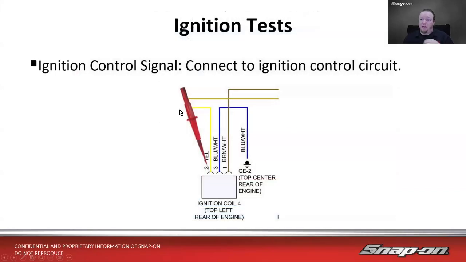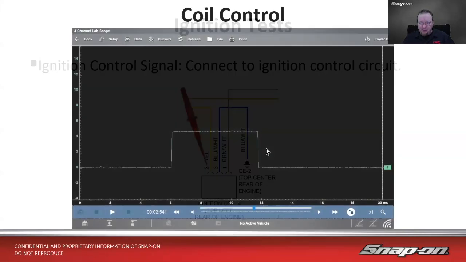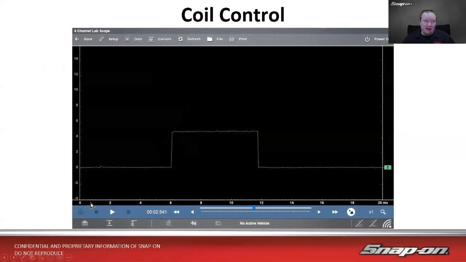All right, we can also check the control signal, make sure the computer's actually controlling it, and make sure the signal is getting to the coil on the coils that have 3 wires. On 2 wires it's power and ground. But in this case, we have a 3rd wire for coil control. And in the cases where that happens, it's almost always a 5-volt signal, just a square wave, on or off. So 0 volts is off, 5 volts is on.